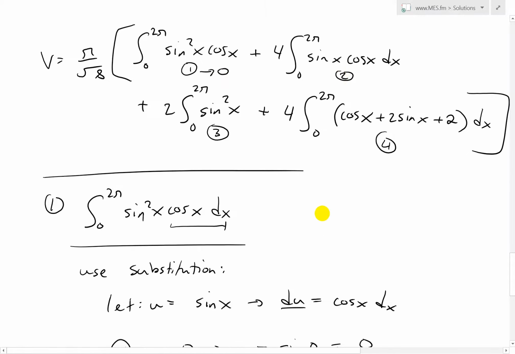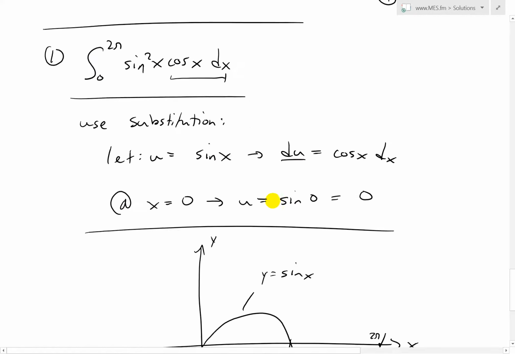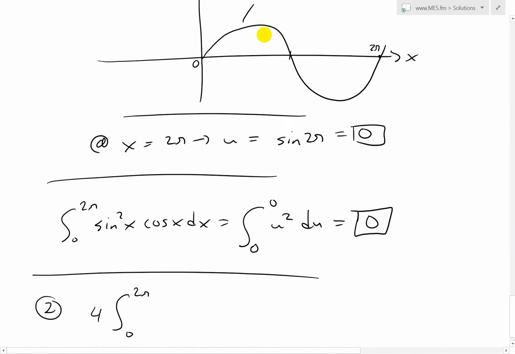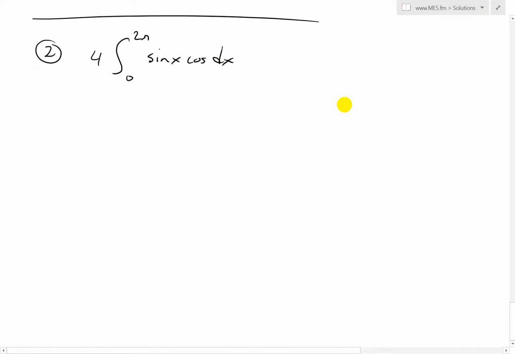Let's look at number 2, which is 4 times the integral from 0 to pi of sine x cos x dx. Now this one, we could just use the trig identity, which I covered in my earlier videos linked in the description below.